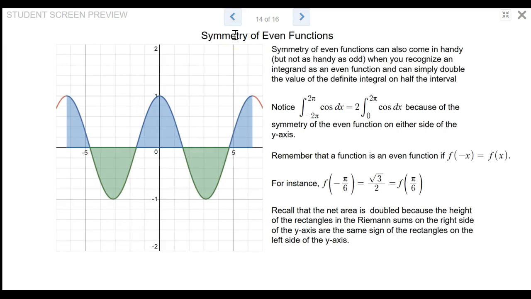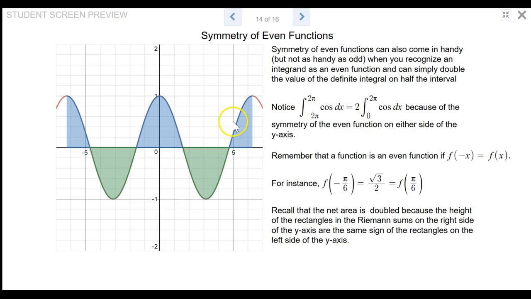It's not quite as handy with even functions, because remember that the symmetry of even functions tells us that the value of the definite integral on an interval that is symmetric about the y-axis is double the integral from the y-axis to the upper limit. So for example, look at the integral of cosine x dx.